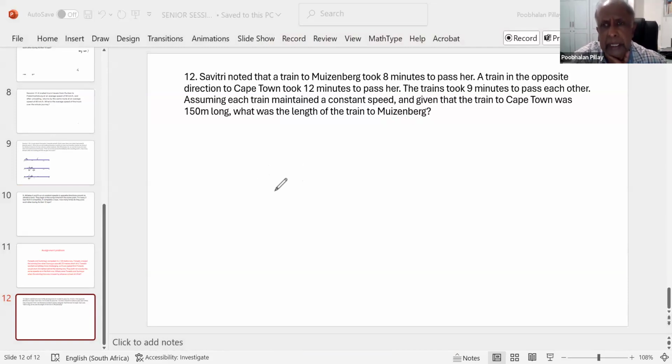Savitri noted that a train to Muizenberg took 8 minutes to pass her. Now, this is again a kind of tricky problem. So let's see now. I'll take the first sentence and try to draw a diagram. And how do we do this?